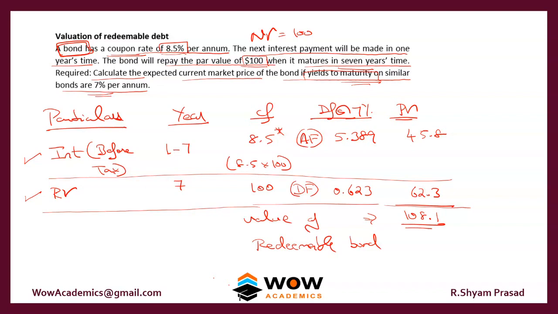For the discount factor, you have to take the yield to maturity which will be given in the problem. Take that as the discount factor. For 1 to 7 years at 7%, we look at the annuity table, and the number comes to 5.389.